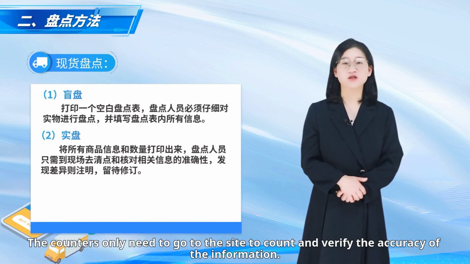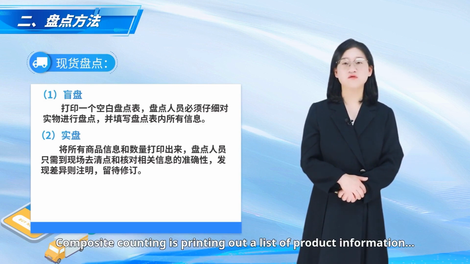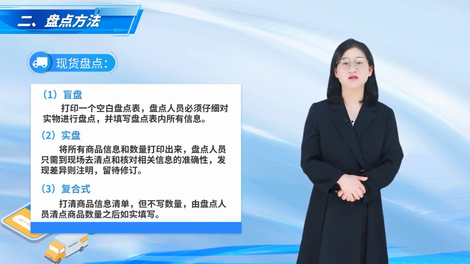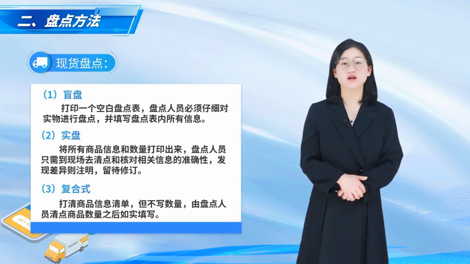The counters only need to go to the site to count and verify the accuracy of the information. If discrepancies are found, they are noted for revision. Composite counting is printing out a list of product information, but without the quantities. The counters fill in the actual quantities after counting.